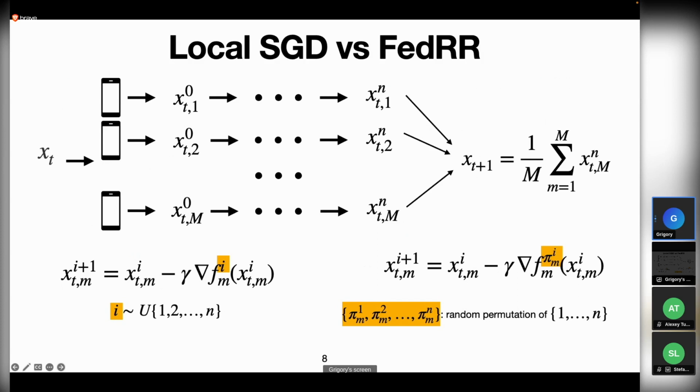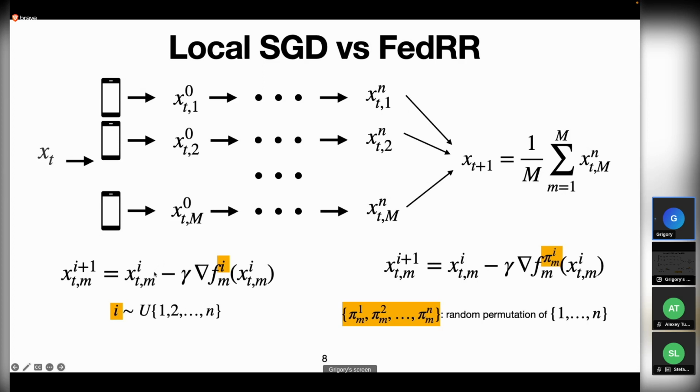After several steps, in my notation n, these updated models are transferred back to the server, and the server updates by simple averaging.